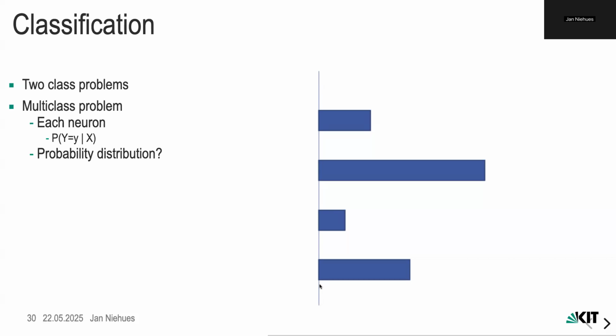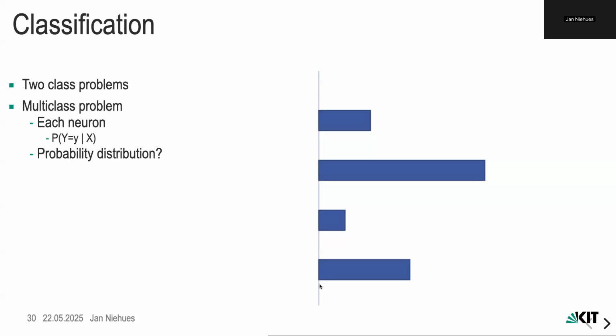We want to work with probabilities at the end, and that can be achieved with an activation function. Does anybody know how we achieve that this is a probability distribution? Softmax. And what is a softmax function? It sums all the probabilities or the logits to one. So the summation of all the probabilities is one.